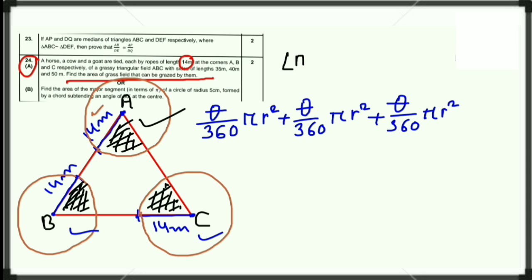A plus angle B plus angle C will be 180 degree, as we know the angle sum property, right?